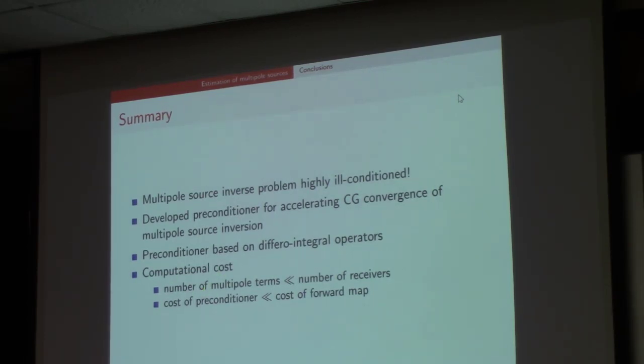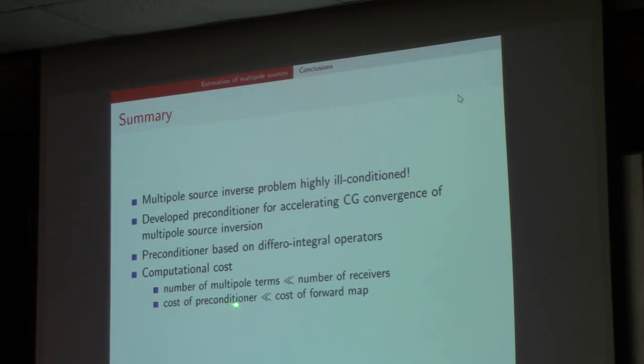Computational costs, okay, you accelerated conjugate gradient with this preconditioner, but at what cost, right? How much did it cost for you to apply the preconditioner per iteration? Are you truly saving costs at the end of the day? So the number of multiple terms is much less than the number of receivers in the data.